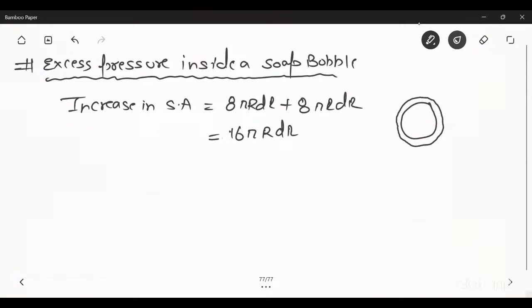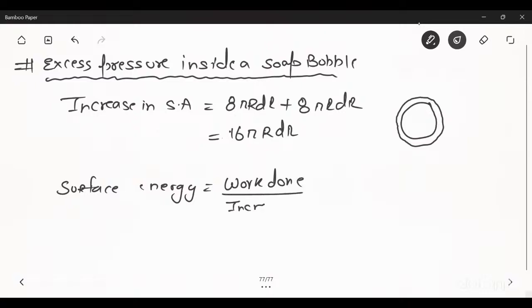So the step prior to this step, you can write from the previous one. Consider the liquid drop, increase in surface area, final surface area, then we come to this step, that increase in surface area is 16 pi r dr. So work done. Again, surface energy is equal to work done per unit increase in surface area.